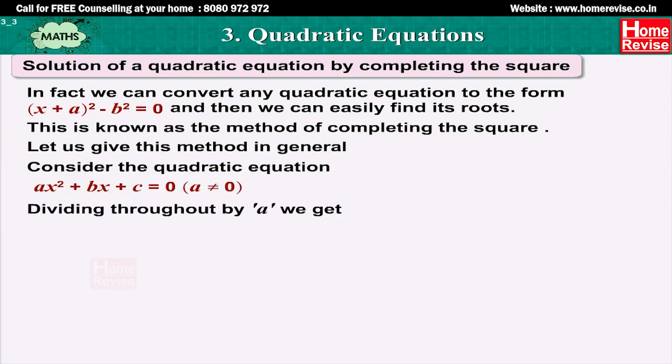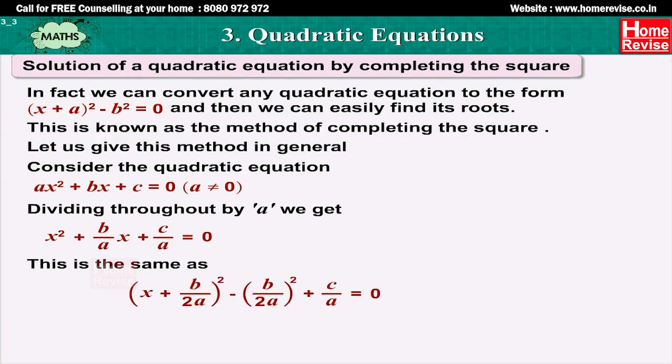Dividing throughout by a, we get ax squared upon a plus bx upon a plus c upon a is equal to 0 upon a. That equals x squared plus (b upon a)x plus c upon a is equal to 0. This is the same as (x plus b upon 2a) the whole squared minus (b upon 2a) the whole squared plus c upon a is equal to 0.